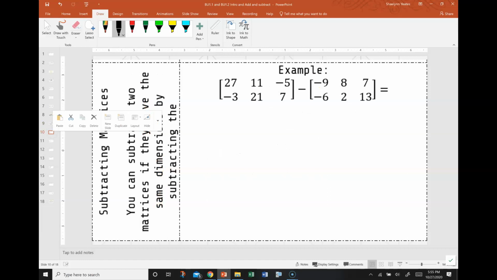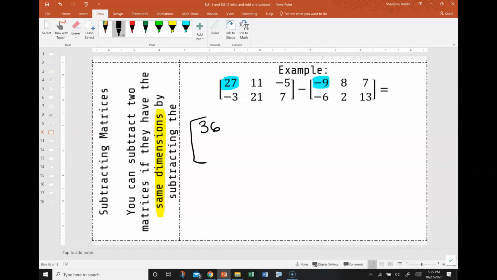All right, let's take a look at some subtraction. Subtraction is the same idea. They have to have the same dimensions because every number needs something to be paired with, and then you're just subtracting the elements. So this would be 27 minus -9. So 27 minus -9 will be 36.